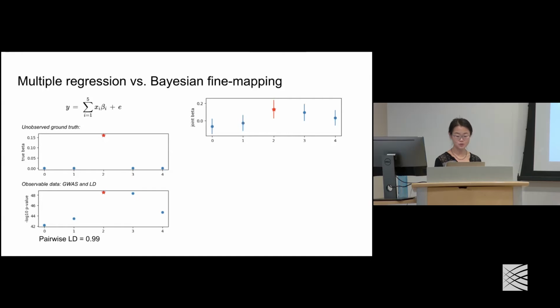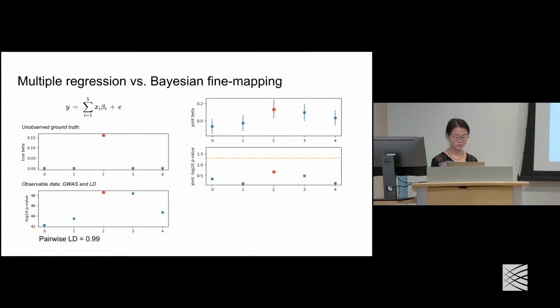And as a consequence, you can imagine that if you're trying to compute a z-score and p-value, what happens is that this is the joint p-value, and it's very not significant. You can't get anything out of this data, right? This yellow line is the 0.05 significance threshold. None of it passed the threshold. So now do you say that, oh, maybe there's just nothing here? We don't want to prioritize any variant in this space.